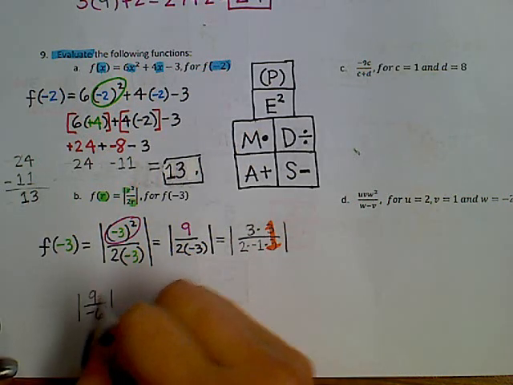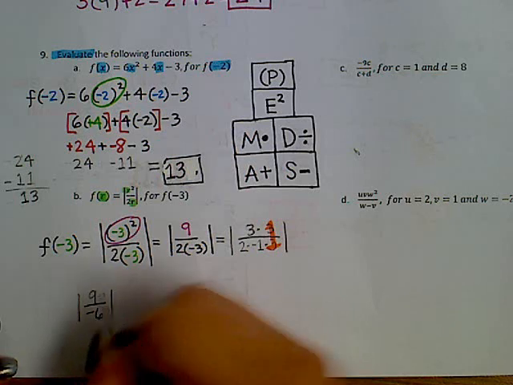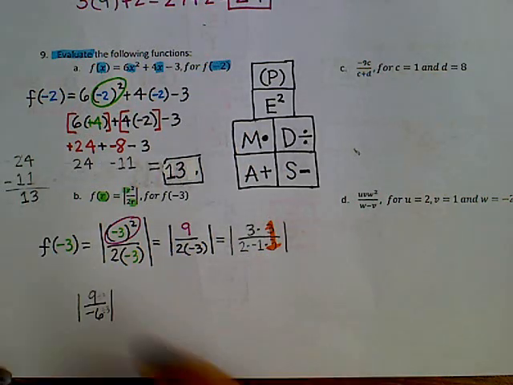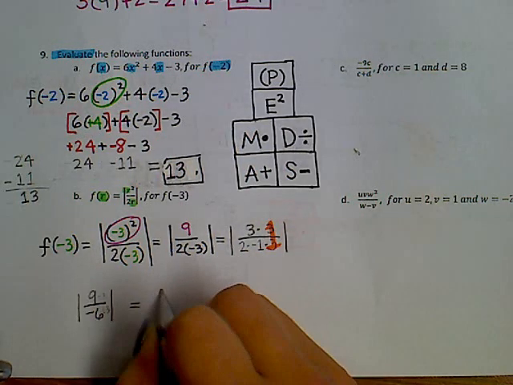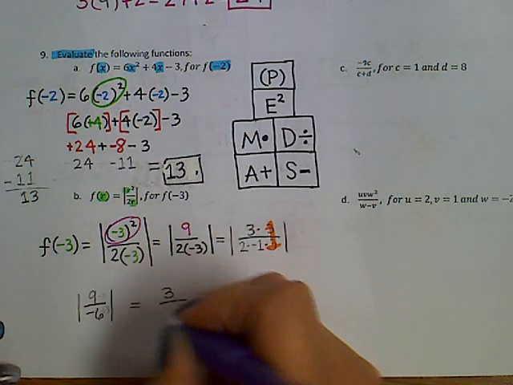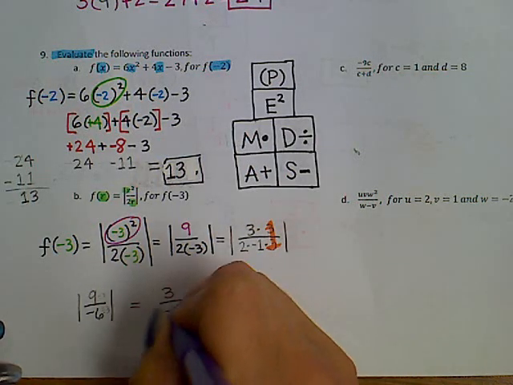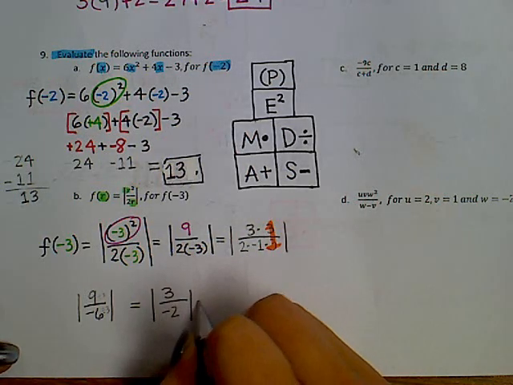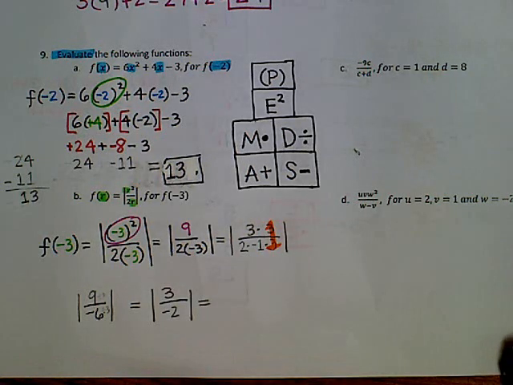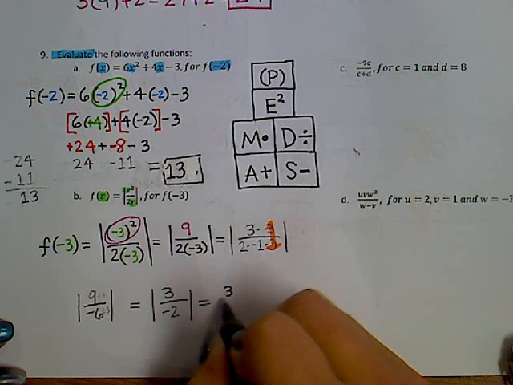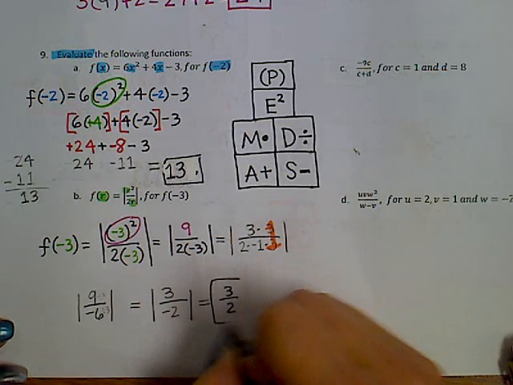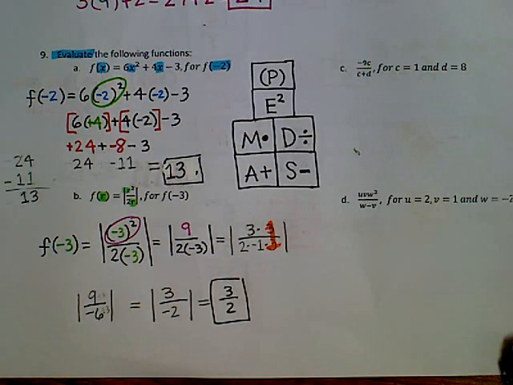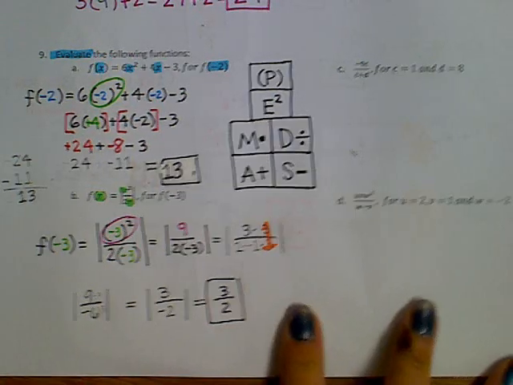So if I were to divide by 3, then I would still end up with my same answer of 3 over negative 2 inside of my absolute value bars. Now, because they're inside my absolute value bars, I would say that my final answer is positive 3 over 2 units away from 0. All right, let's move on to part C.